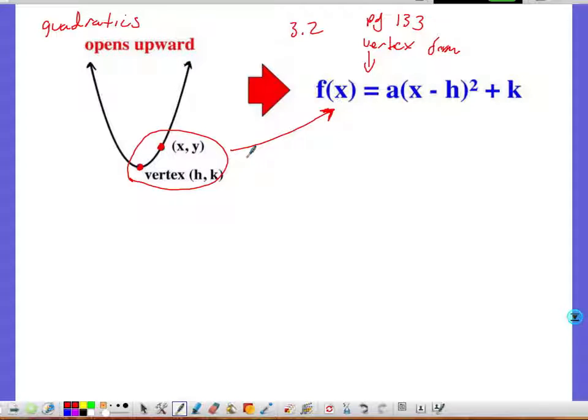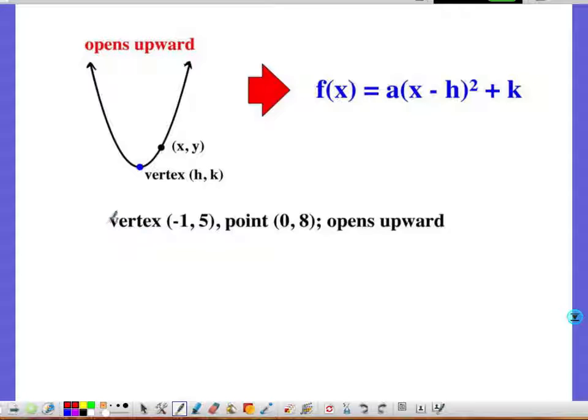Alright, so how do we begin? Let's say for example the vertex that it gives us is (-1, 5), and the point is (0, 8). What we want to do is first find h and k.